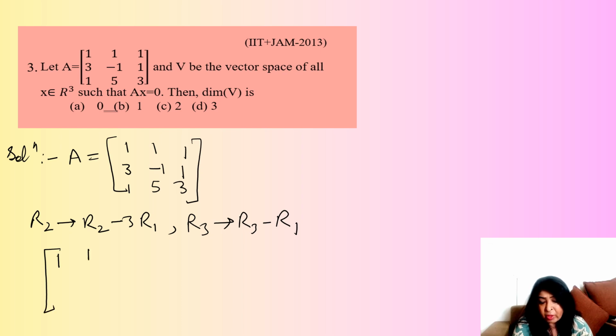You will get 1, 1, 1, then 3 minus 3 times 1, 0, minus 1 minus 3 times 1, minus 3 minus 1 minus 4, and then 1 minus 3 times 1. So you will get minus 2. Again you have 1 minus 1, 0, 5 minus 1 is 4, 3 minus 1 is 2.